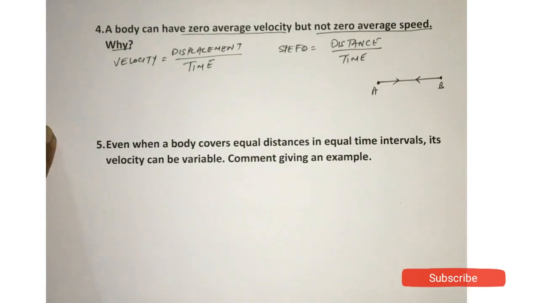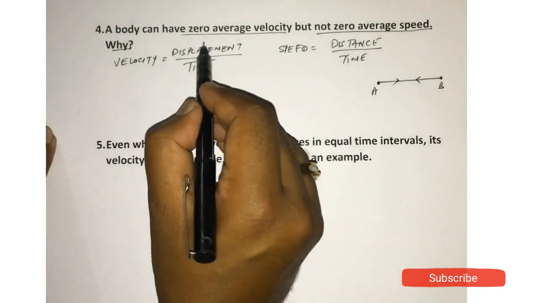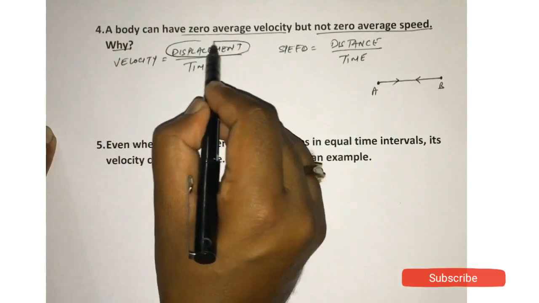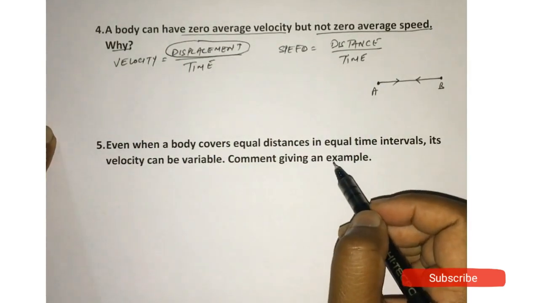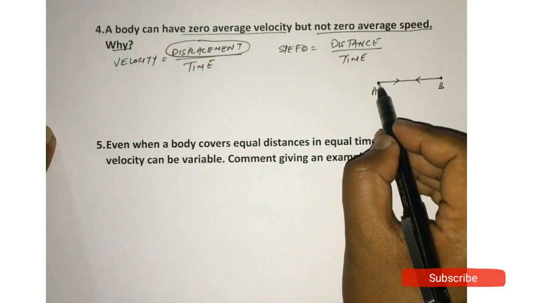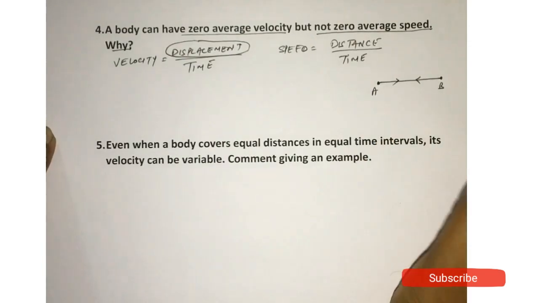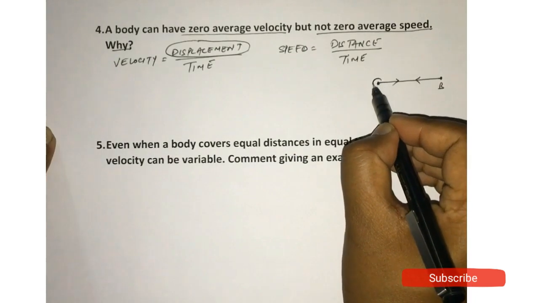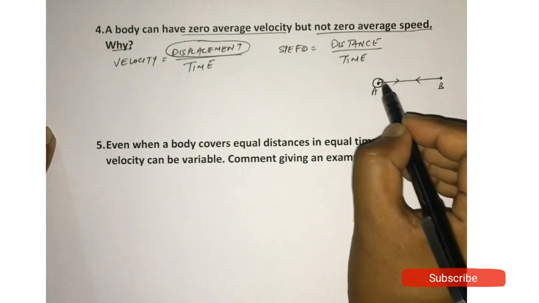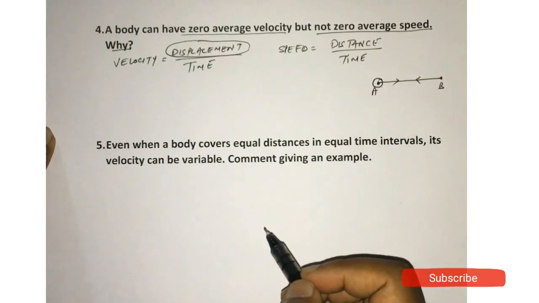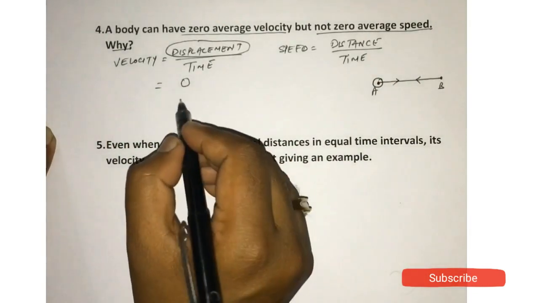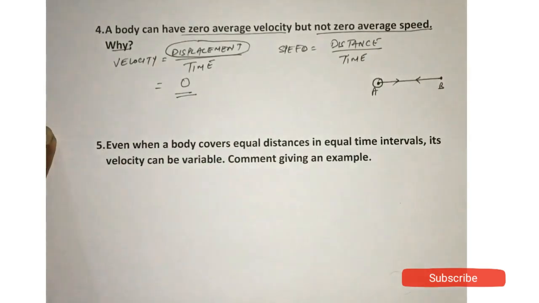Because displacement is a vector quantity, according to the definition, displacement is the shortest path between the initial and the final position. So A is the initial position and A again is the final position. So displacement becomes 0, and in this case the average velocity becomes 0.